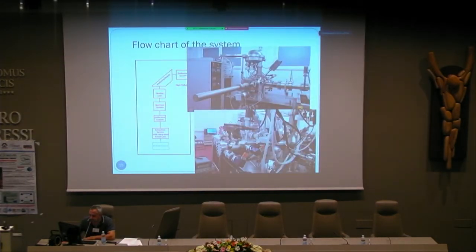And here is our chamber. We have a load lock that allows us to change our targets very quickly. It takes only about an hour to change a target, and that allows us to quite quickly measure different samples and different materials.